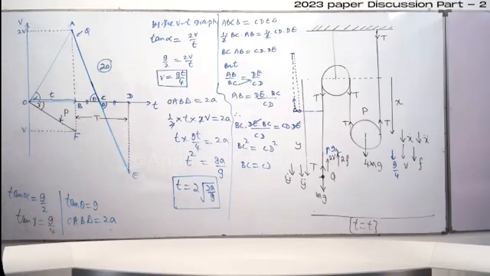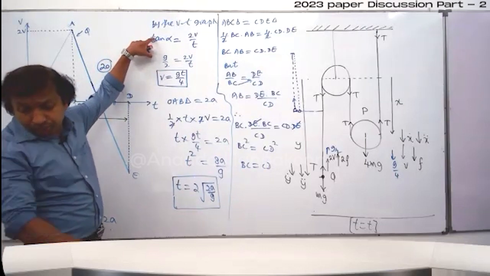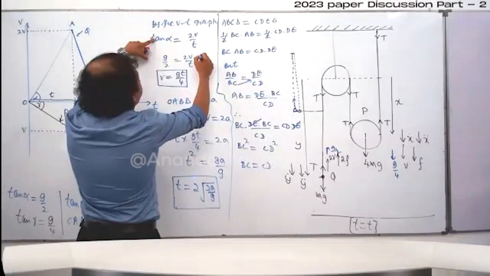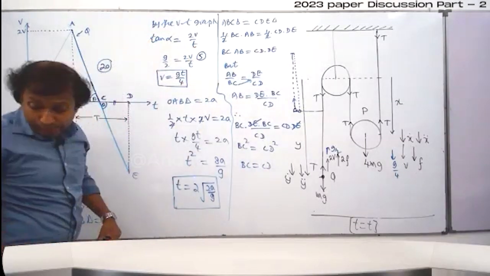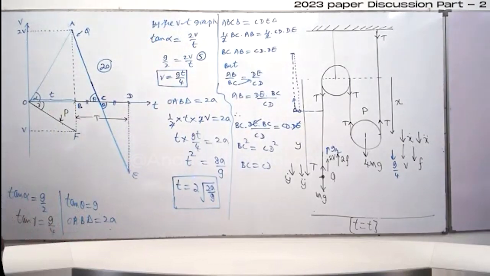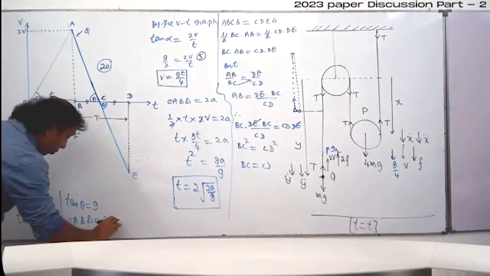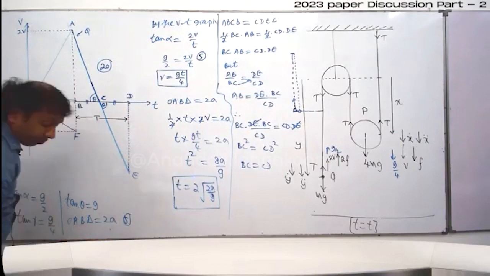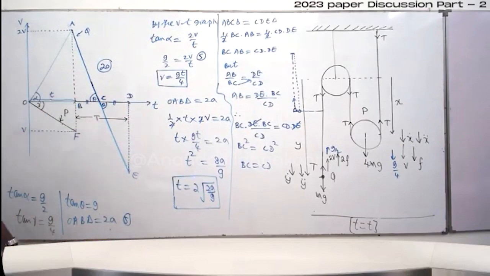Write in this way, this one 5 marks given. And OAB area, write in this 2A, 5 marks given. And the answer, this one 10 marks given.